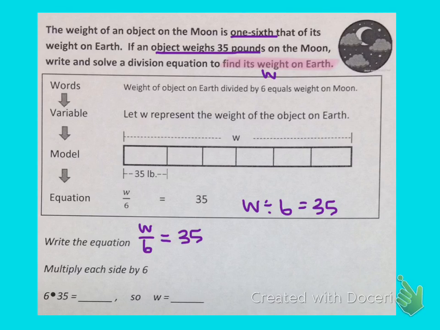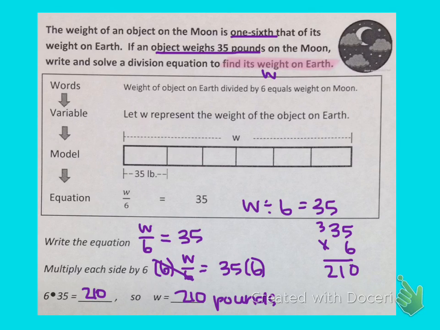And then we need to multiply each side by 6 because we want to get that W by itself. So W divided by 6 times 6 is just W. And then we have 35 times 6, because whatever we do to one side has to be done to the other side. So why don't you go ahead and press pause to solve.